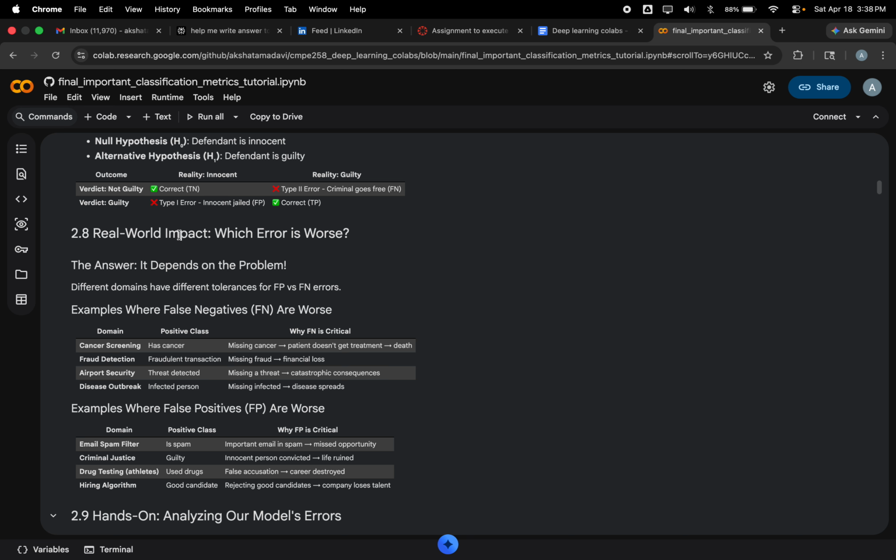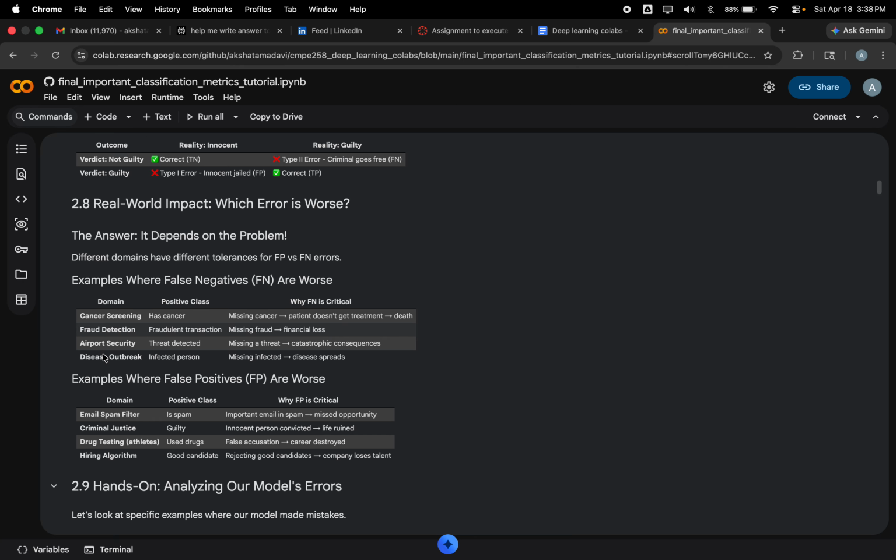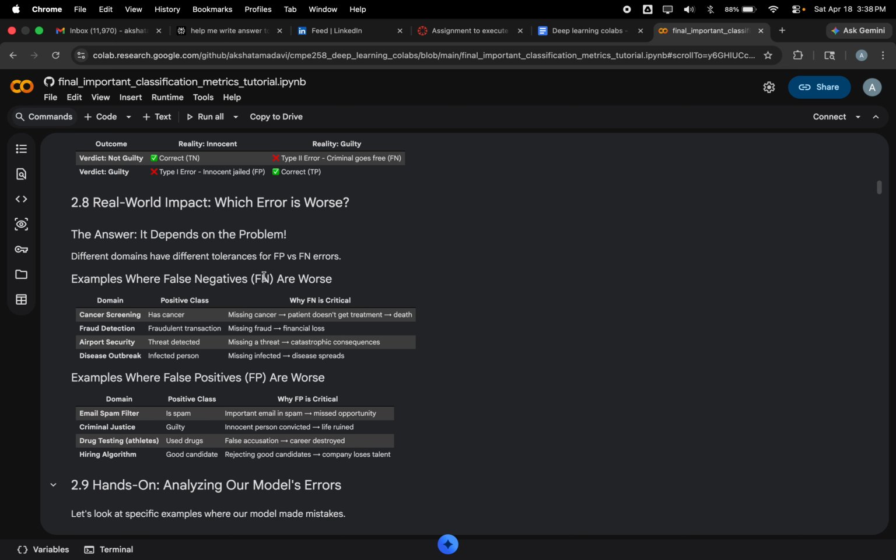The main question which usually comes up is which error is worse. The answer always depends on the problem. Different domains have different tolerances for false positives versus false negatives. False negatives are worse in cancer screening, fraud detection, airport security, and disease outbreak. Here you don't want a lot of misses.